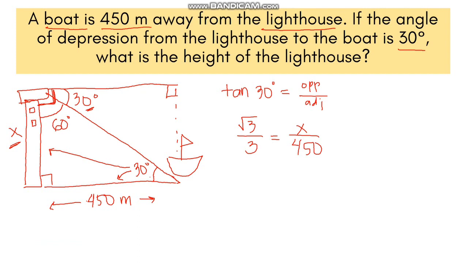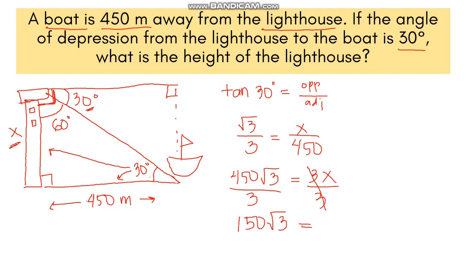So cross multiply. 450 times square root of 3 equals 3x. Then divide both sides by 3. This will be cancelled. So we have 150 square root of 3, which is now the value of x.